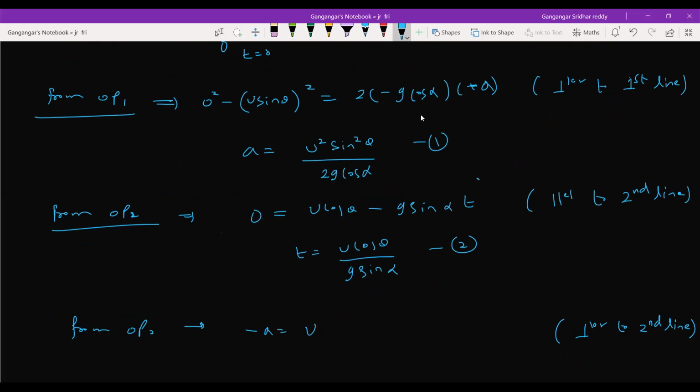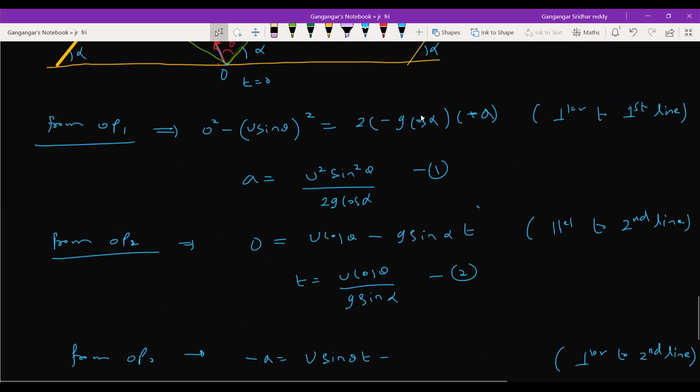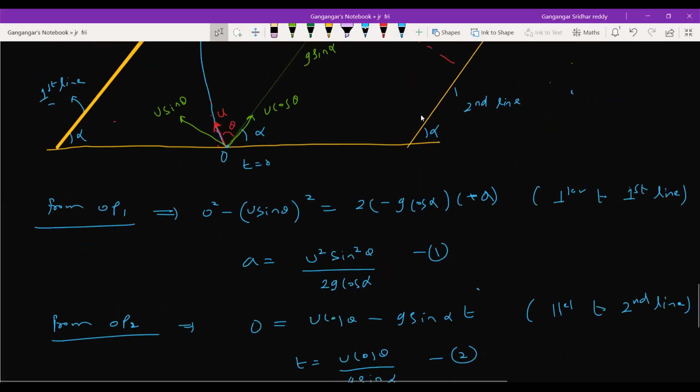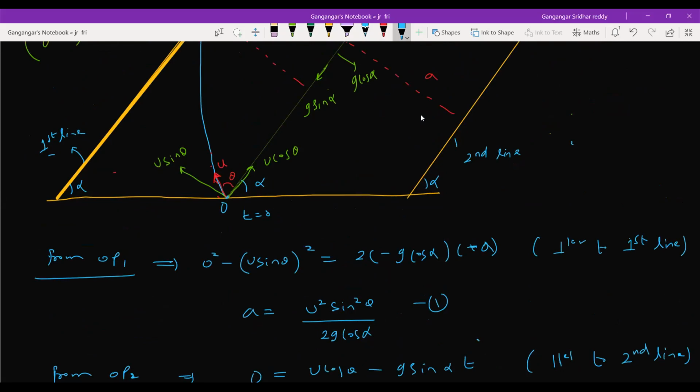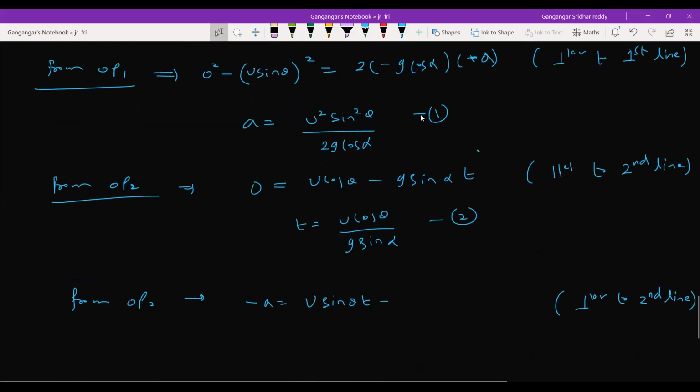Minus A is equal to U sin theta T minus... As it moves from U sin theta, the displacement A is opposite to U sin theta, therefore negative. What about g cos alpha? It is also opposite to U sin theta, so it will be negative. So therefore minus A equal to U sin theta T minus g cos alpha T square by 2.